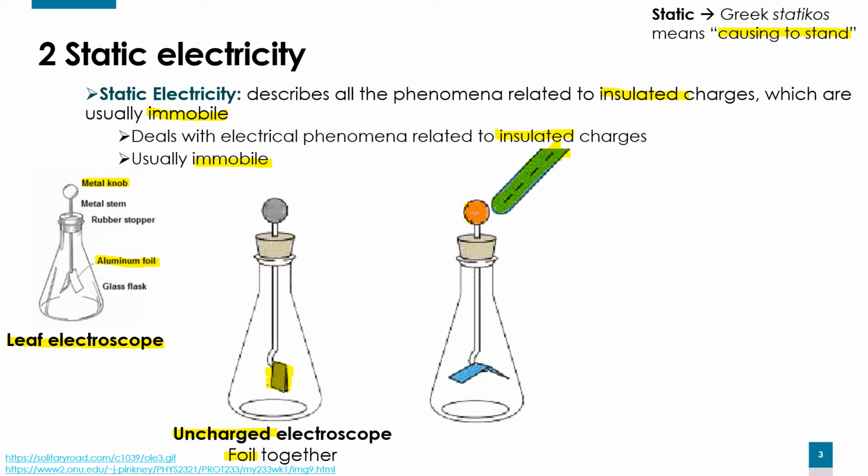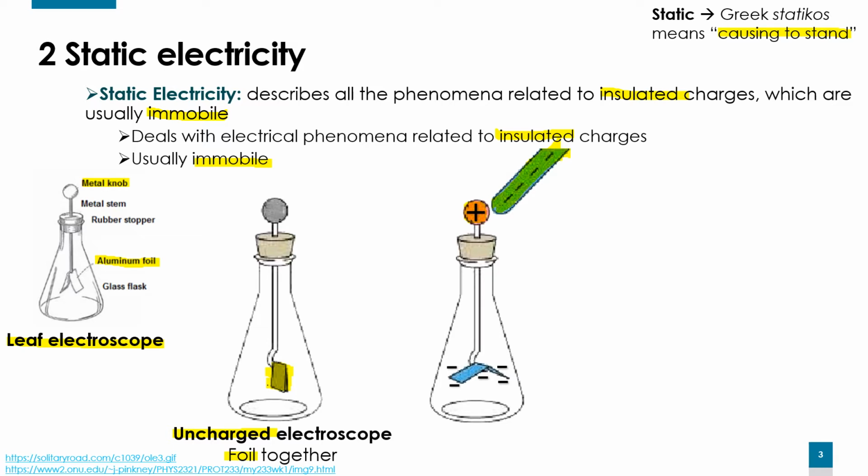Remember, negative will attract which charge? Positive, right? If I attract positive here, what happens to the negative charge of this electroscope? Where does it go? If it's not attracted, it's gonna be repelled, so it goes away. So while the positive comes here, the negative goes further, as far as possible.